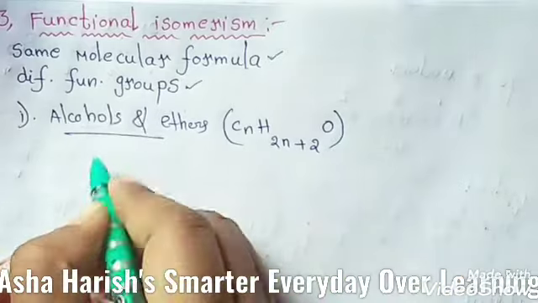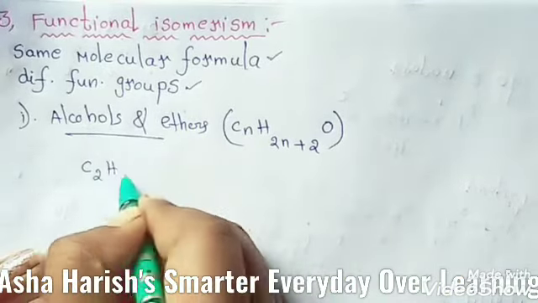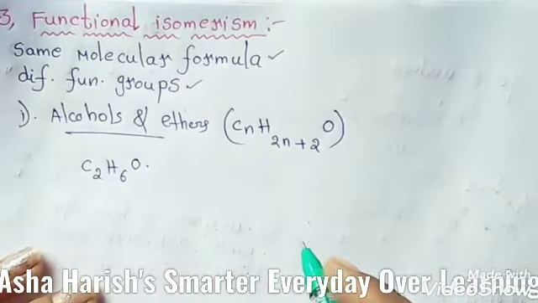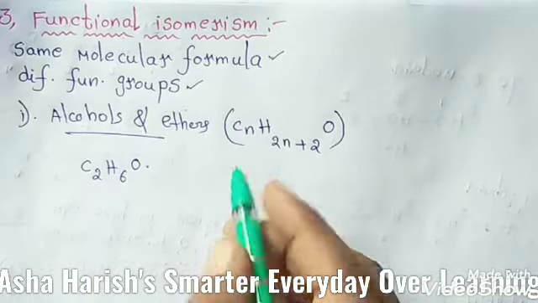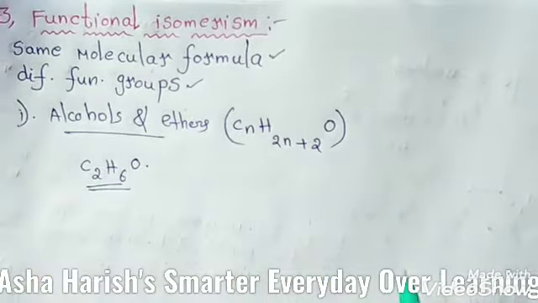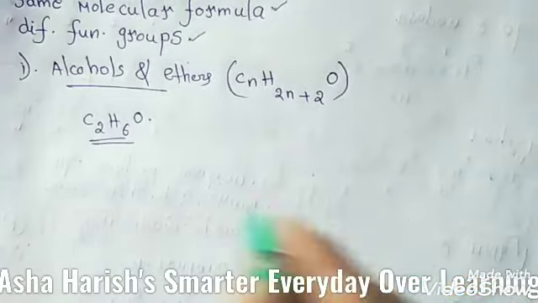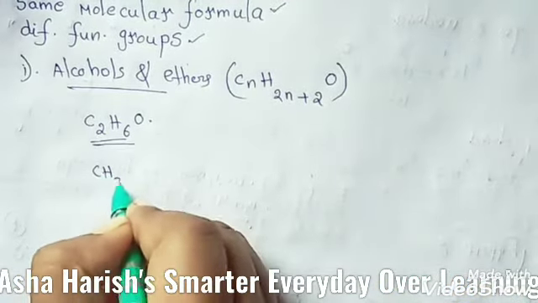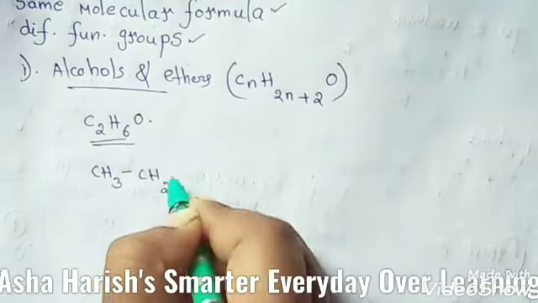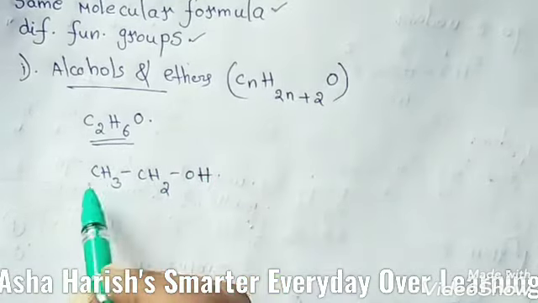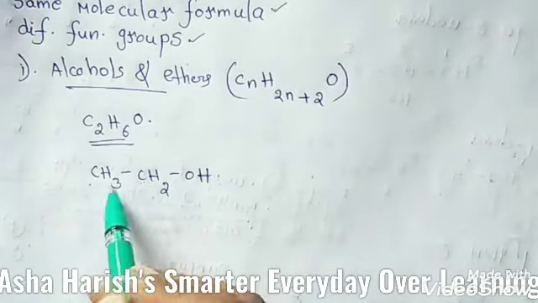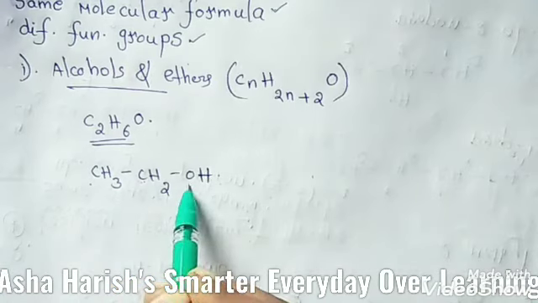For example, the molecular formula C2H6O represents the following 2 functional isomers. Here C2H6O, then if I draw the structure for this, CH3CH2OH. Carbons are 2 here, hydrogens 6, and 1 O is there.